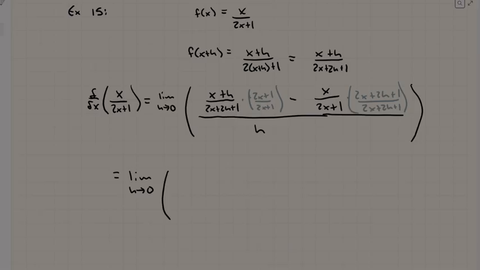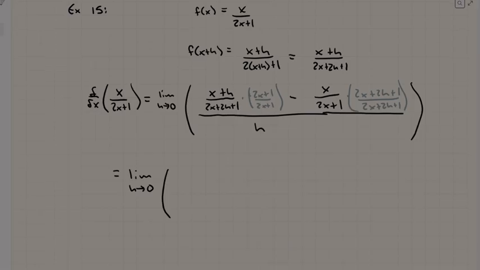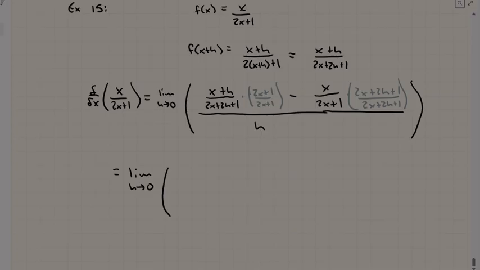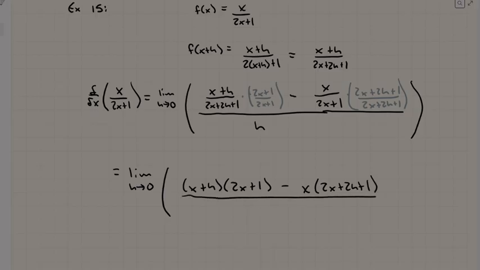So then that means that we have here x plus h times 2x plus 1 minus x times 2x plus 2h plus 1 over h times 2x plus 2h plus 1 times 2x plus 1.